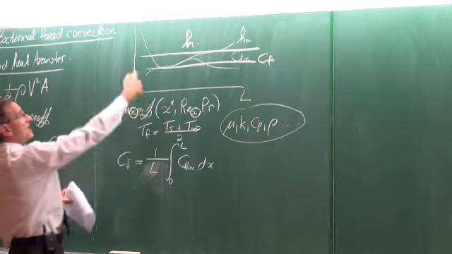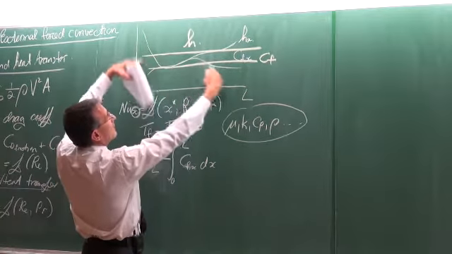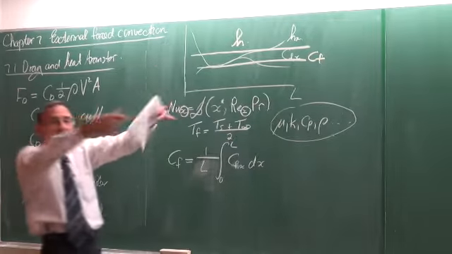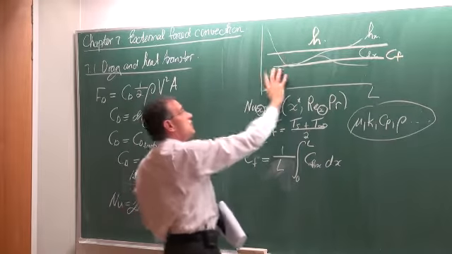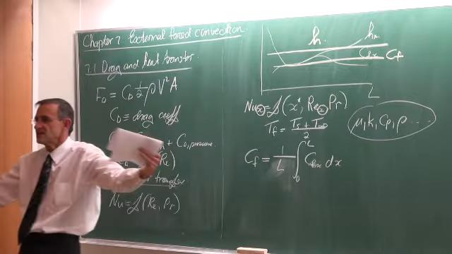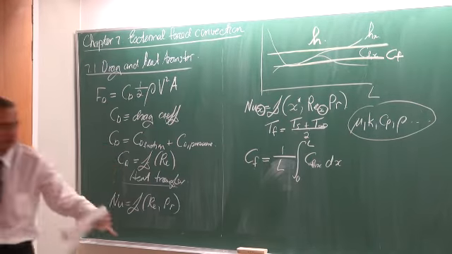So for the local values of Cf as they vary, we need to get the area underneath the curve divided by the length, and that gives us the average friction coefficient.